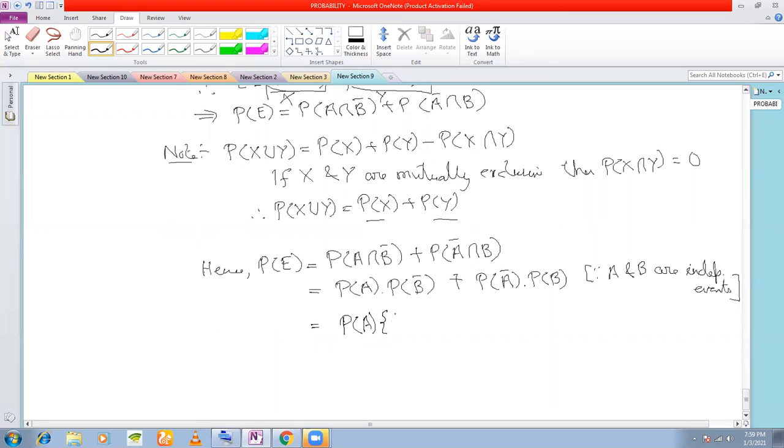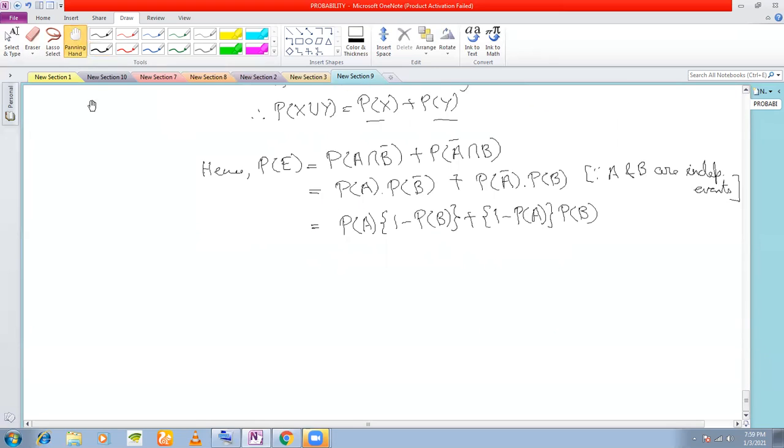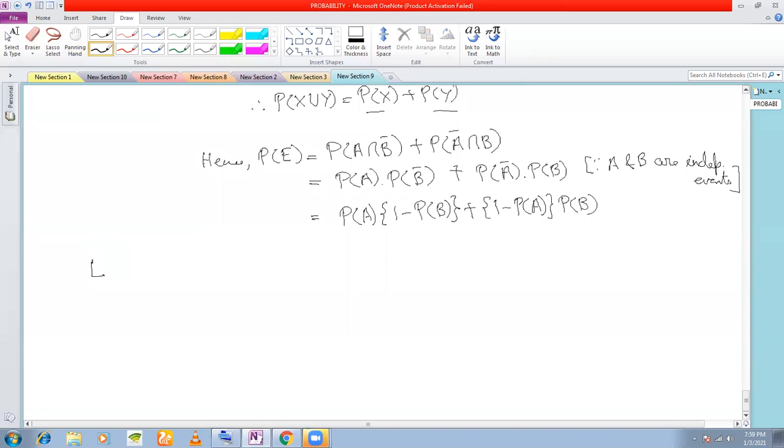It is 1 minus P(B). And P(A bar) is 1 minus P(A). If you know the probabilities of A and B, then you can calculate. Let us see one example from this problem type.